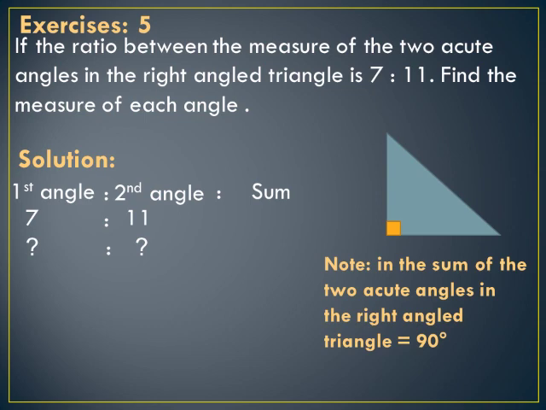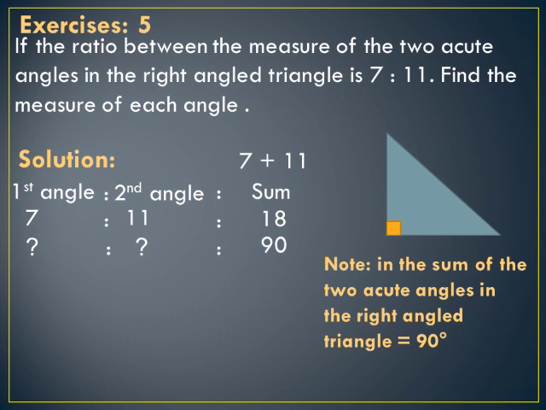From the note, I will put sum in the ratio. The sum of the two acute angles in the right angle triangle is 90. So make sum: 7 plus 11 equals 18. Under 18 put 90. Okay?